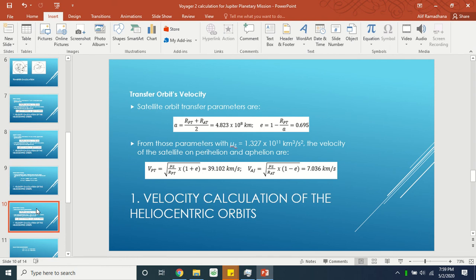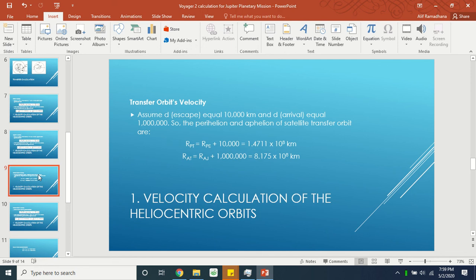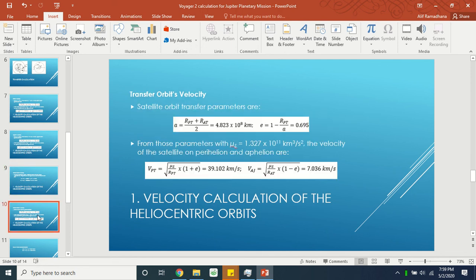From this distance, we can know the parameters: the semi-major axis of the satellite is 4.823 times 10 to the power of 8, and its eccentricity is 0.695.